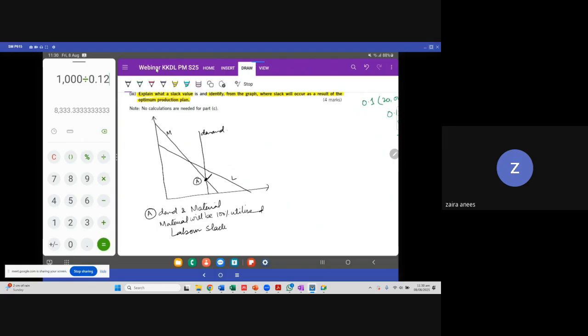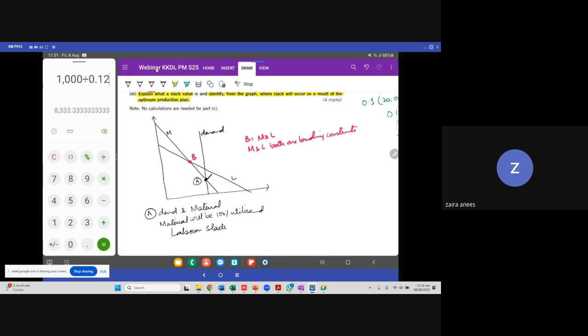Similarly, if we are talking about point B, since point B is made up of material and labor, in this case material and labor are both binding constraints. There will be no slack in that case.